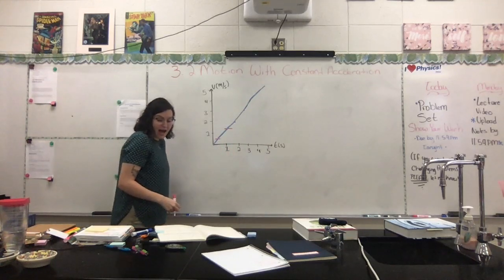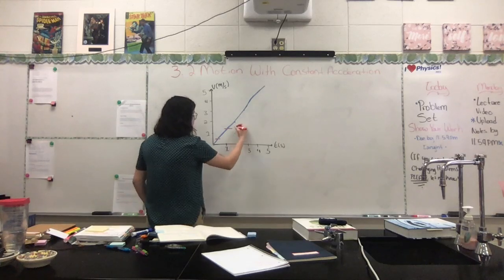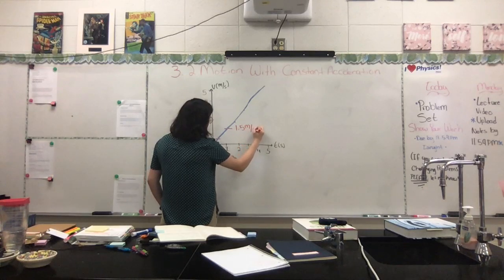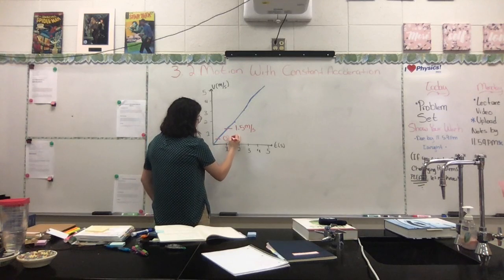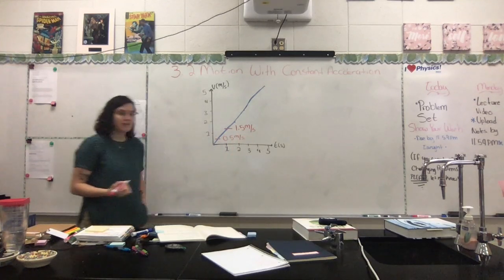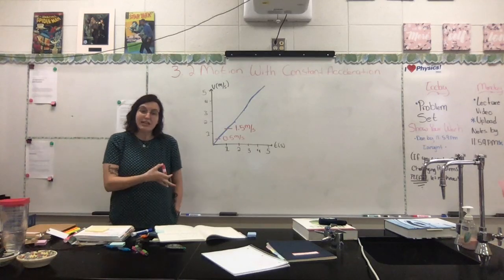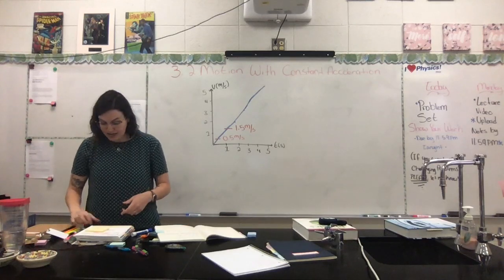Well, at 1.5 seconds, we're going to have an average velocity of 1.5 meters per second, and at 0.5 seconds, an average velocity of 0.5 meters per second. But like with everything, there's an equation to check that this information is accurate.